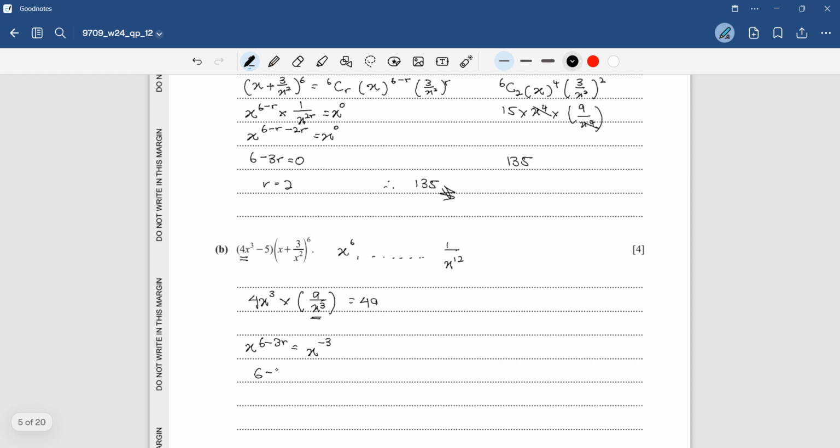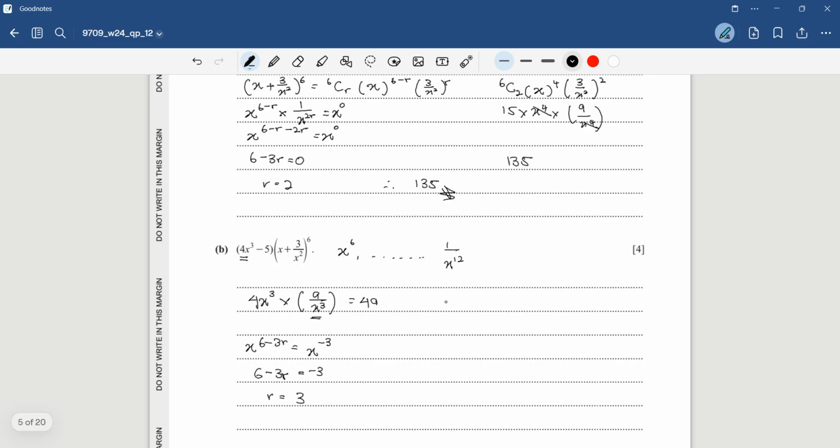So 6 minus 3r is equal to negative 3. So r will be 3. Okay, so we find the a first.